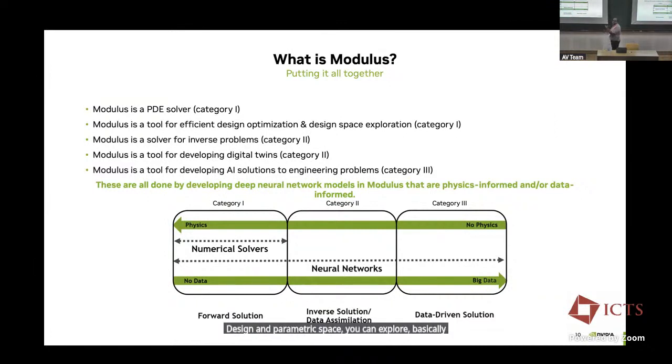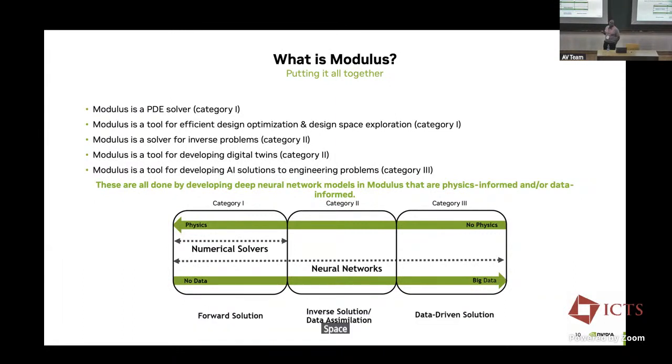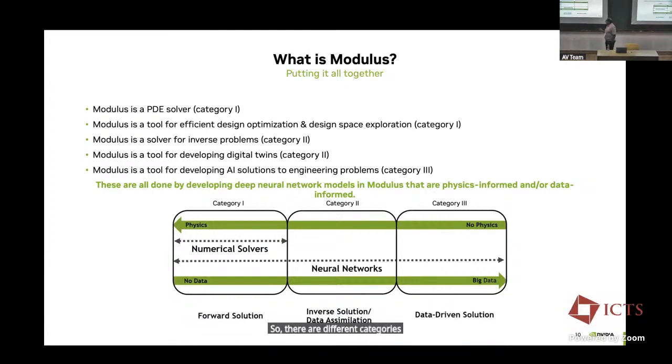So you can do design space exploration also, because design is what? It's a set of parameters, right? Inverse problems also you can solve. So there are different categories actually here. Completely numerical solver, yeah.